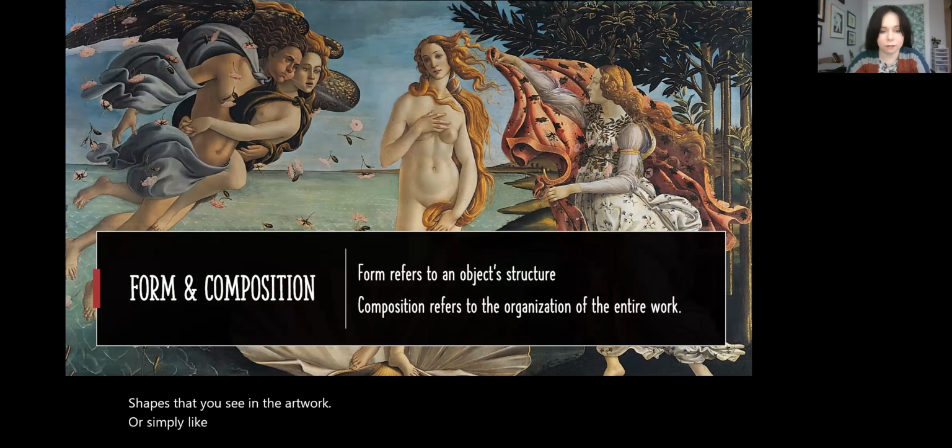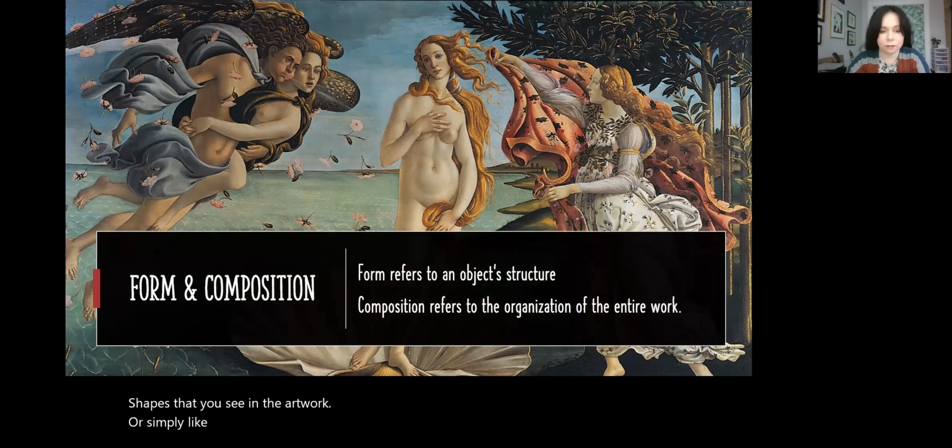And those forms are arranged on, in this case, a canvas by composition. It literally means to compose the work. How did Botticelli, the painter, organize the people, the figures on his canvas? And so for this, we need more directional terminology.